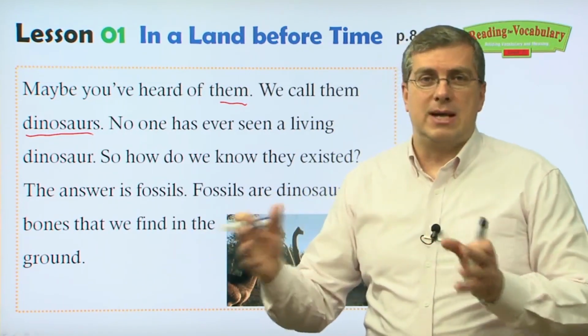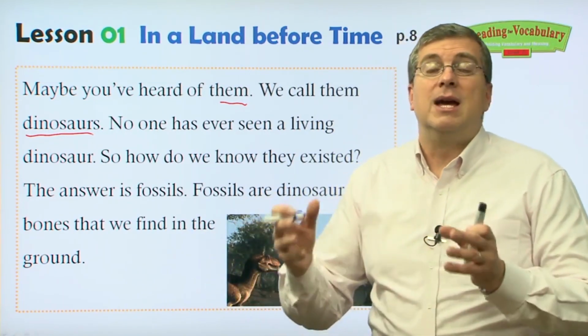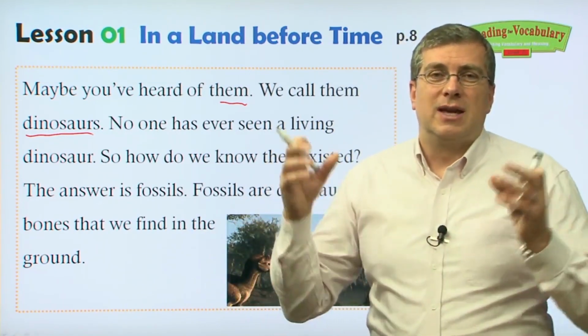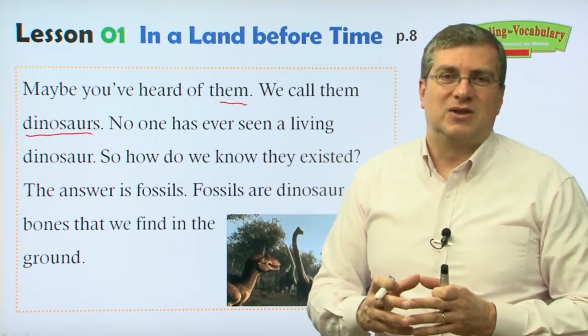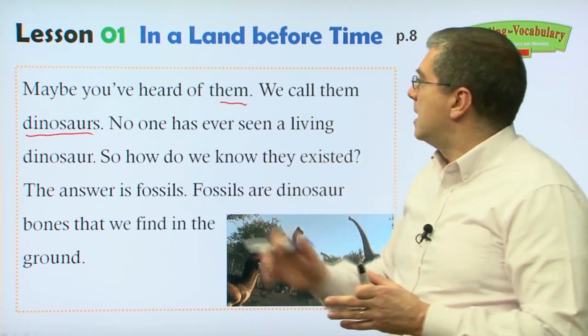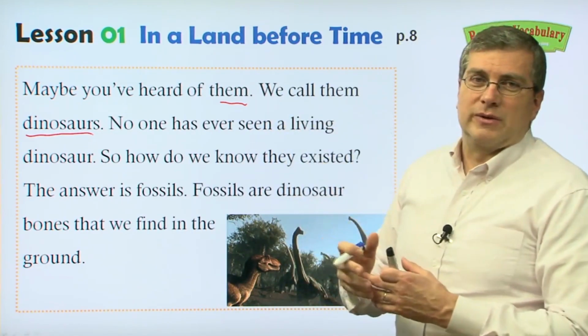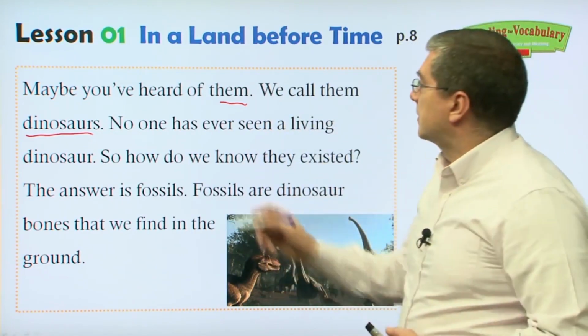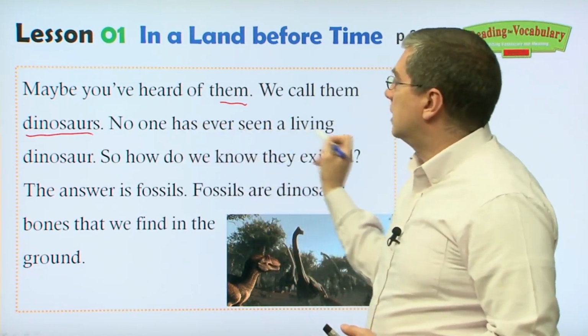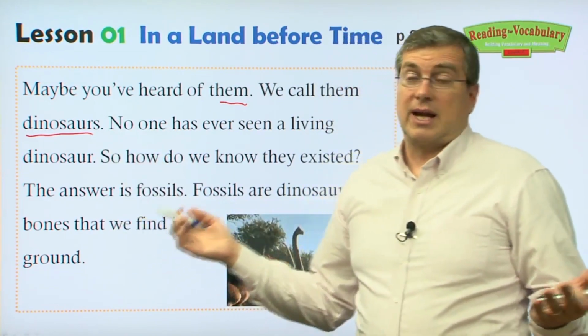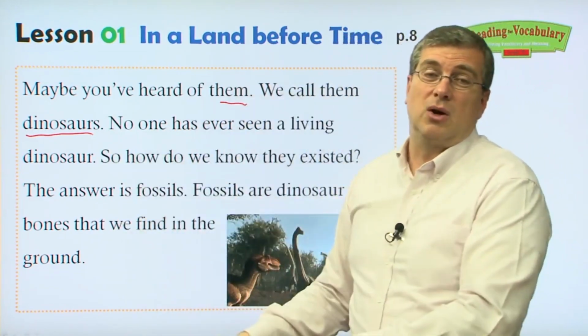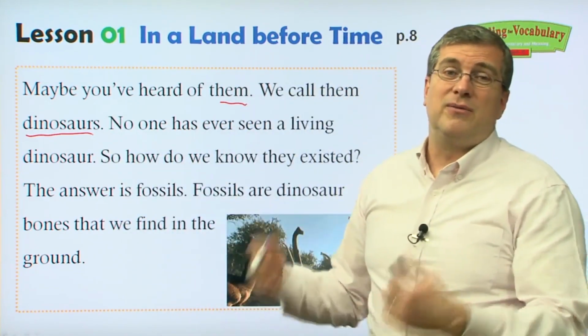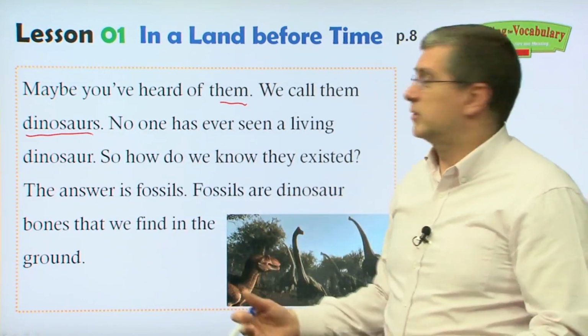They ruled the earth. It means they were the biggest creatures. They were the dominant species on the earth. Okay? We call them dinosaurs. Now we see what they are. No one has ever seen a living dinosaur. Of course, like I said, that was a long, long time ago. Millions of years before human beings came about.